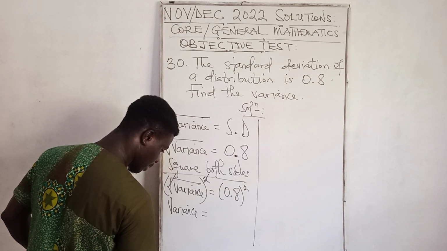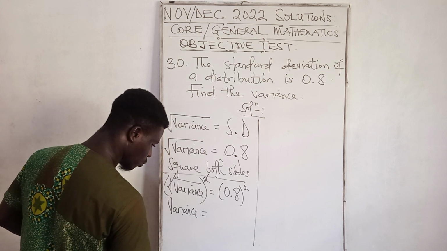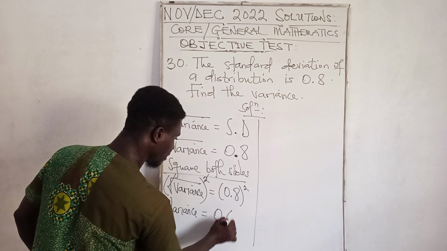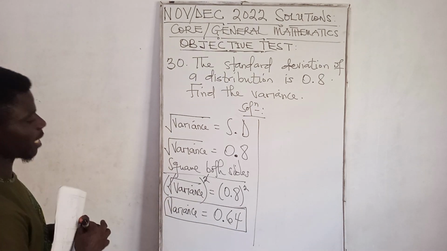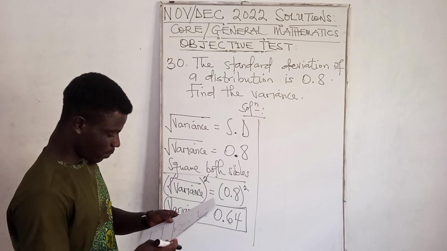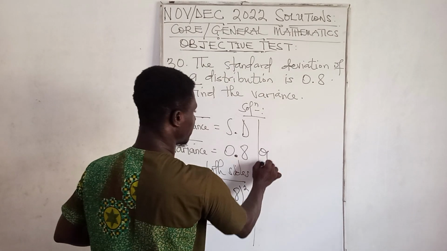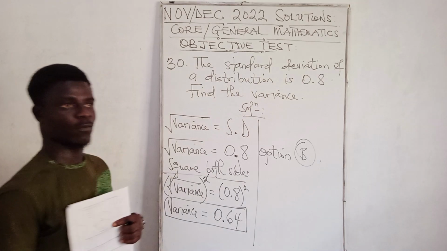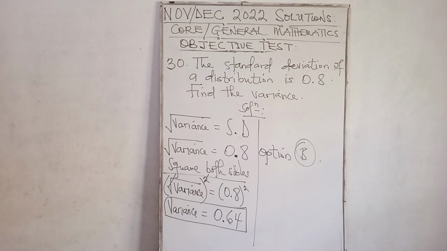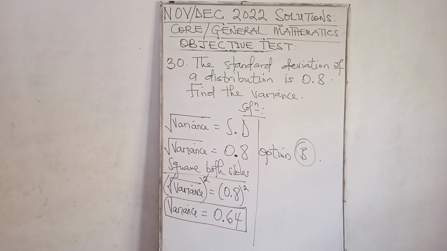So 0.8 all squared, which is what? 0.64. So this is our variance, 0.64, which is option B for boy. So always take note that the square root of the variance is always equal to the standard deviation.